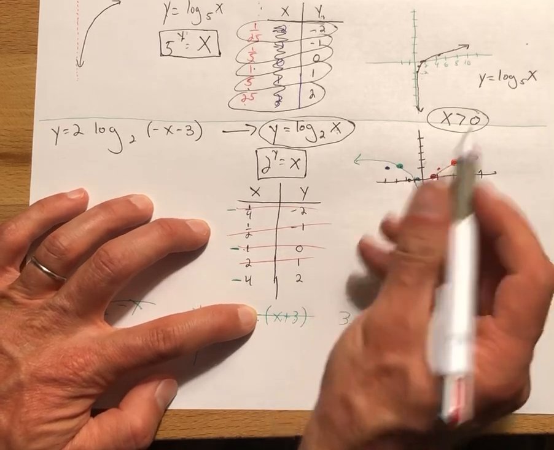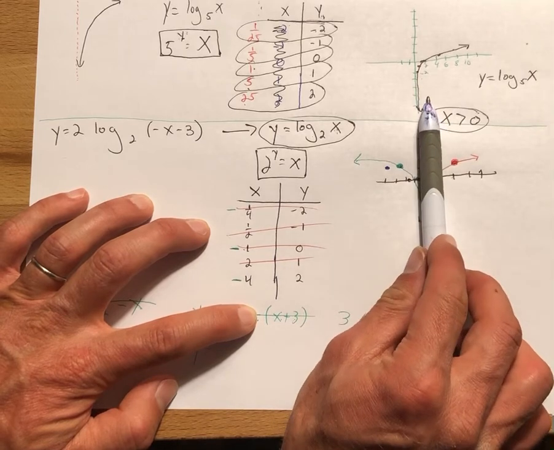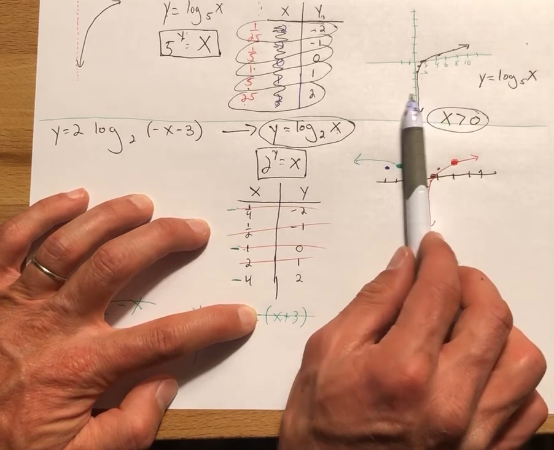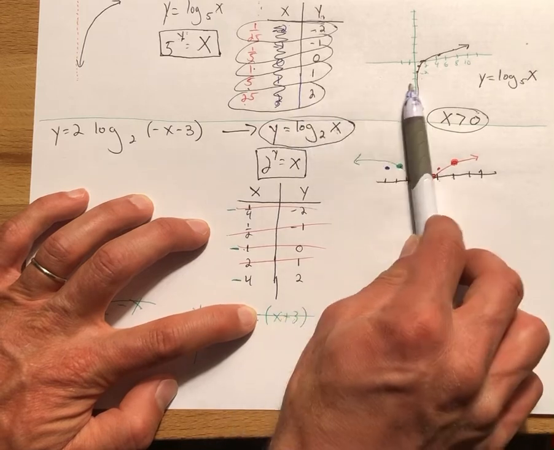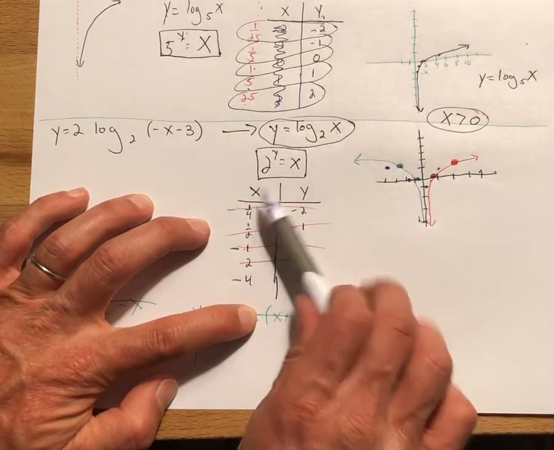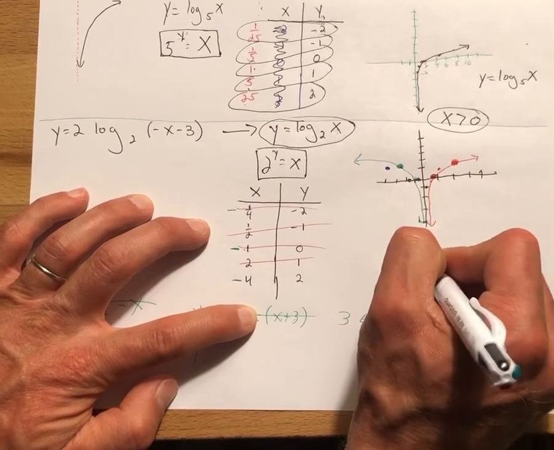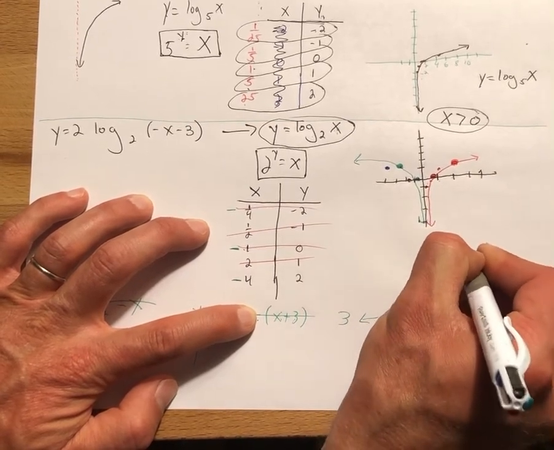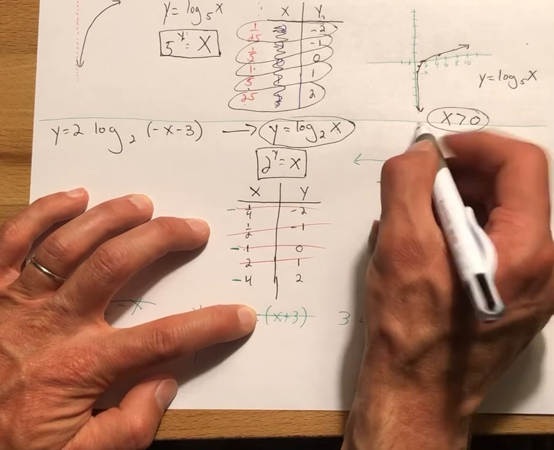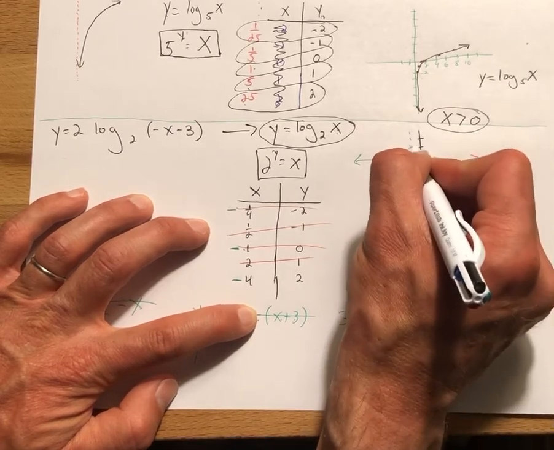And this vertical asymptote moves also. Literally the whole graph moves along with the vertical asymptote. This vertical asymptote moves 3 units over to the line x equals negative 3.